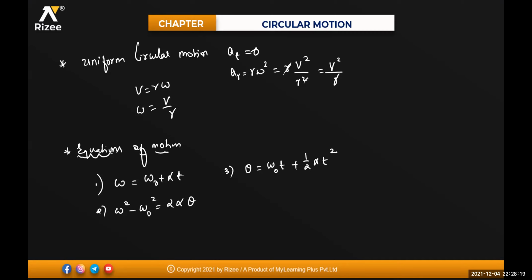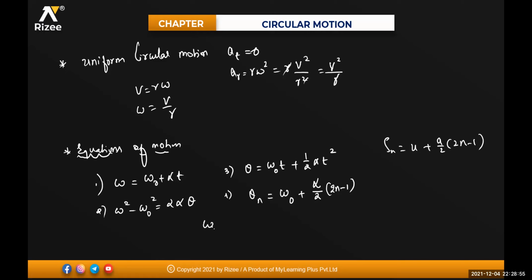Clear? Fourth one, the nth formula, you know it already. I can write theta nth equal to omega naught into t plus half into alpha into n. I'll write it in the form: nth equals u plus a by 2 into 2n minus 1. That means here, theta n equals omega naught plus alpha by 2 into 2n minus 1.